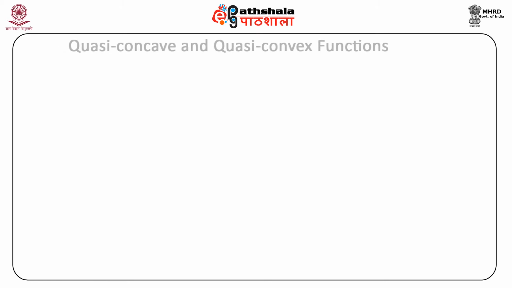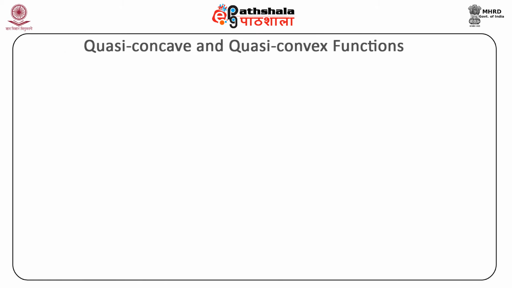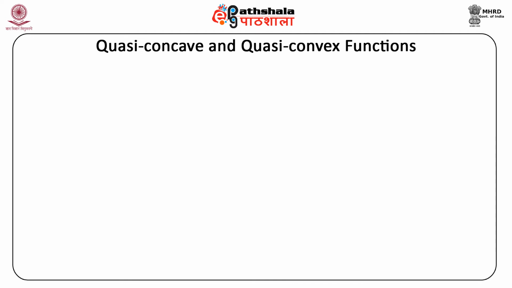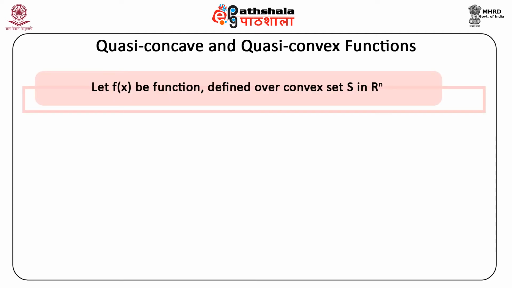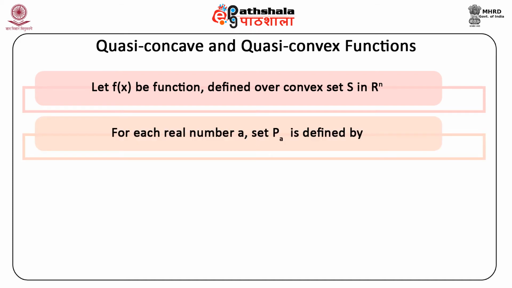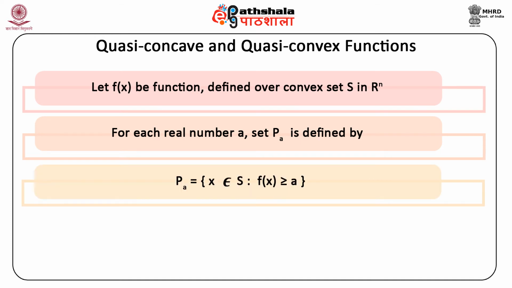Now, let us begin with the topic of quasi-concave and quasi-convex functions. Let f(x) be a function defined over a convex set S in R^n space. For each real number a, we define the set Pa as the x belonging to S for which f(x) is greater than or equal to a.